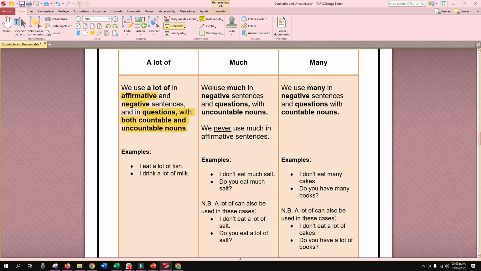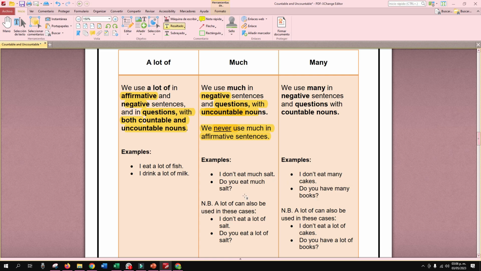Also much. We use much in negative sentences and questions with uncountable nouns. We never use much in affirmative sentences. Keep in mind this, guys. Never use an affirmative sentence with much. Example: I don't eat much salt.